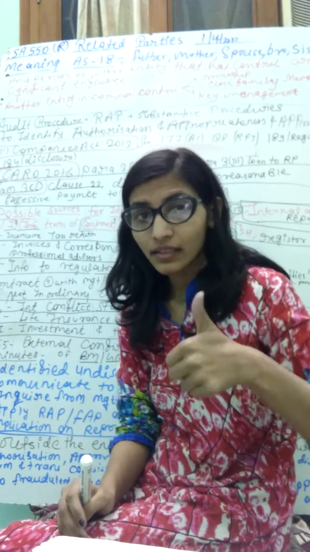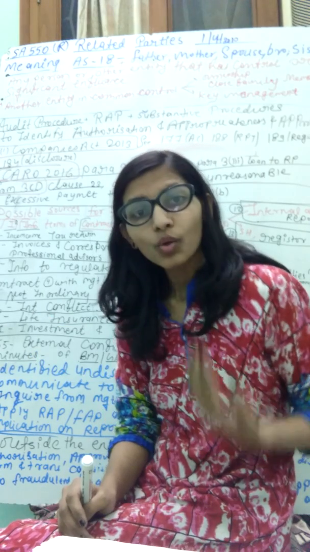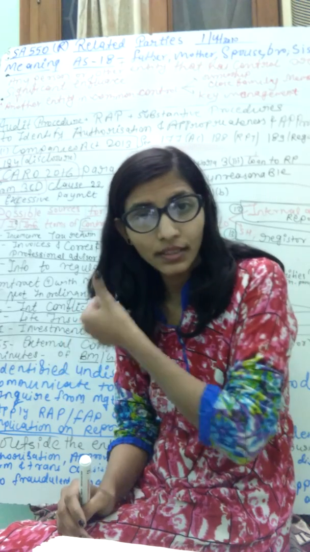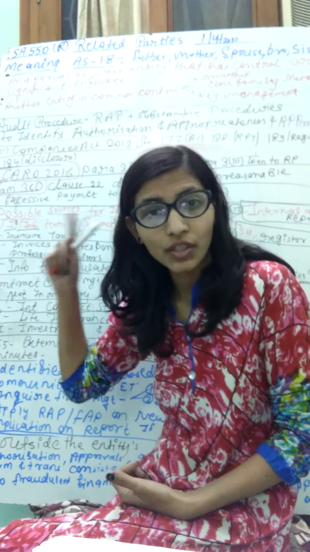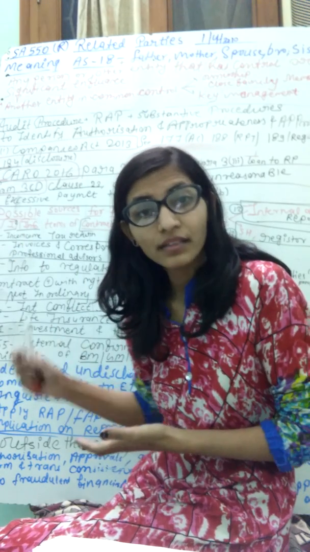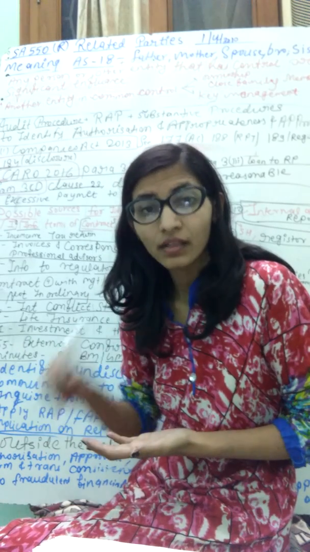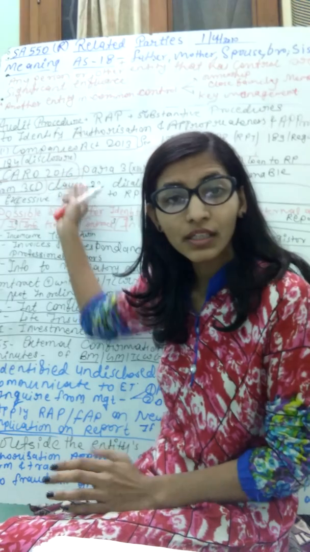And in CARO 2016 para 3 clause 3, we also deal with loans to related parties: whether the register under section 189 is properly maintained and loans to directors are recorded. This is also reported by the auditor. So CARO 2016 is also referred to here.